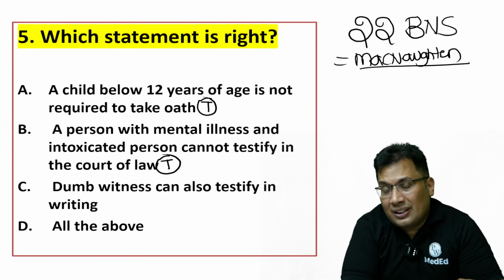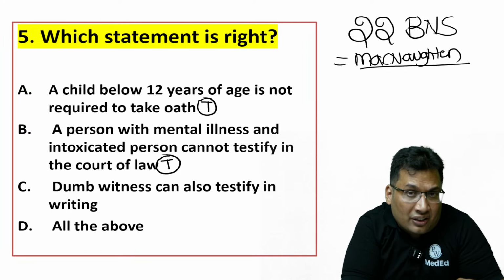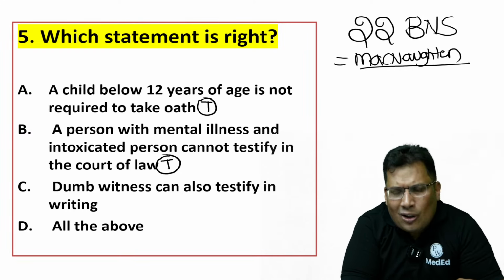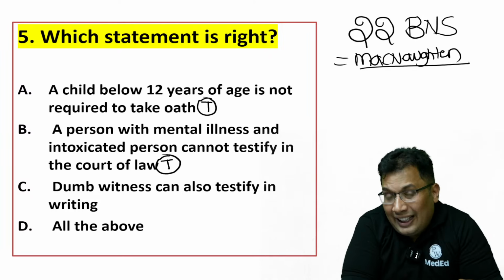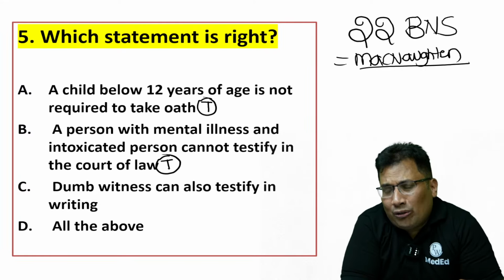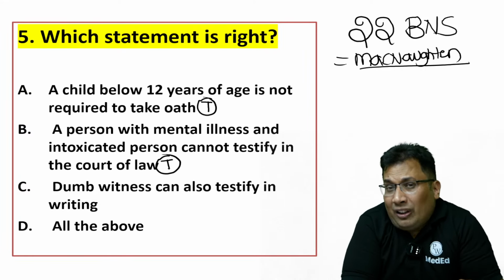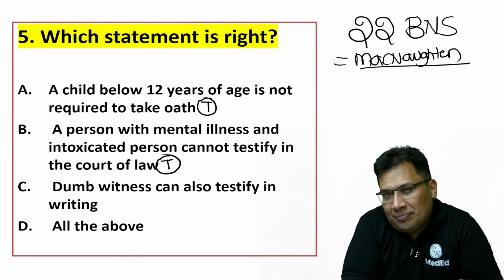McNaughton was a patient suffering from delusions and hallucinations, third person hallucination. He was a normal citizen, a diagnosed case of delusions and hallucination. He had a constant delusion that the Prime Minister of England was trying to harm or kill him.